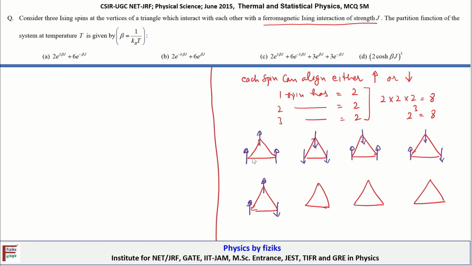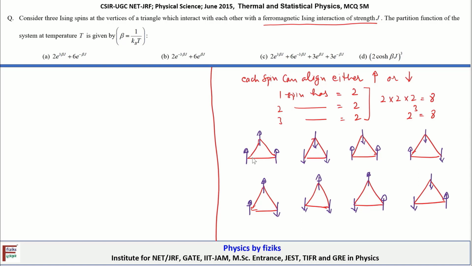Now the sixth one could be something like this, 2 pointing in the upward direction. And then the last one, down, and then down, and then up.